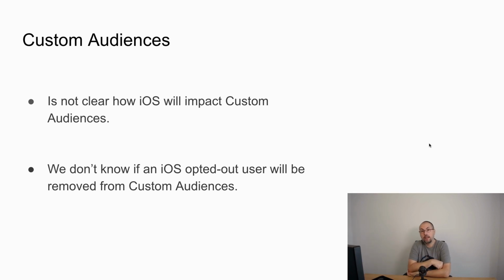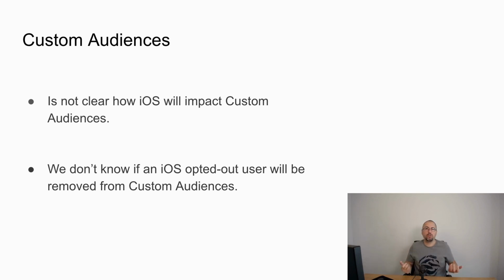Custom audiences. Well, to be honest, it's not very clear what's happening with custom audiences, because we don't know if Facebook will remove a user that opted out on an Apple device from all your custom audiences. Maybe they will, and it means that this will have an impact on your retargeting.